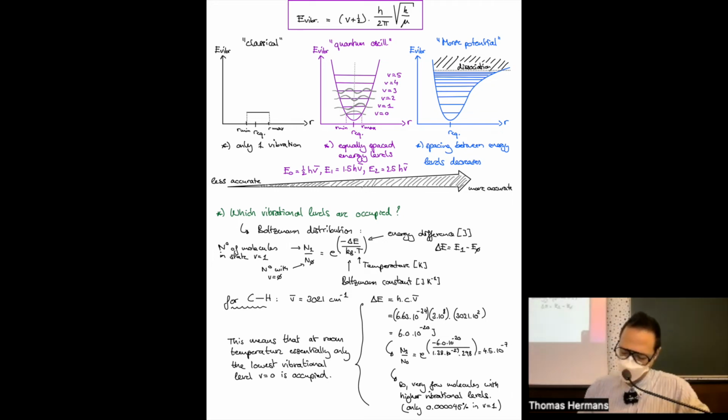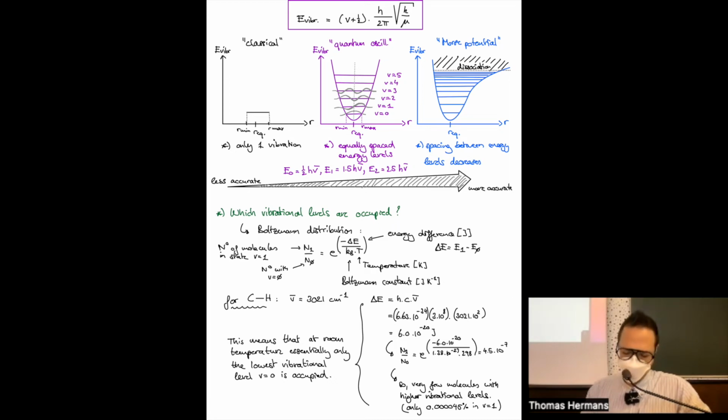This is, of course, temperature in Kelvin, and this is the Boltzmann constant, in joule per Kelvin.